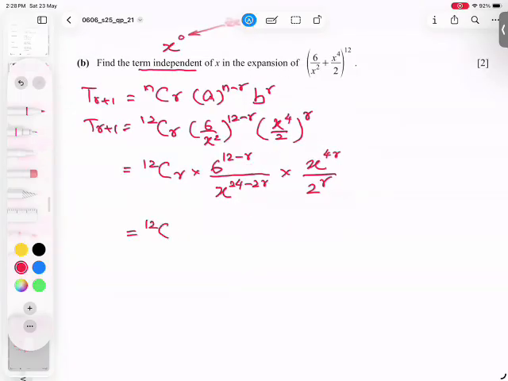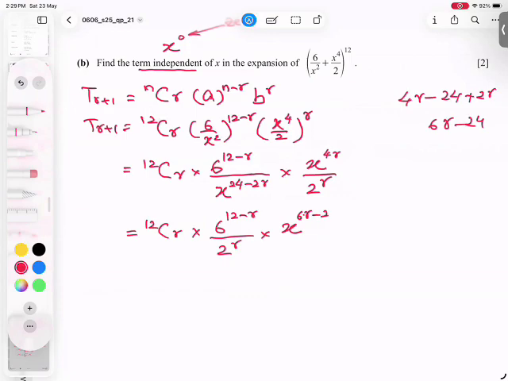So 12Cr, 6 to power 12 minus r over 2 to power r. And what about x? Upper power minus lower power. So 4r minus 24 and plus 2r. I'm getting 6r minus 24. So I'm writing here 6r minus 24.